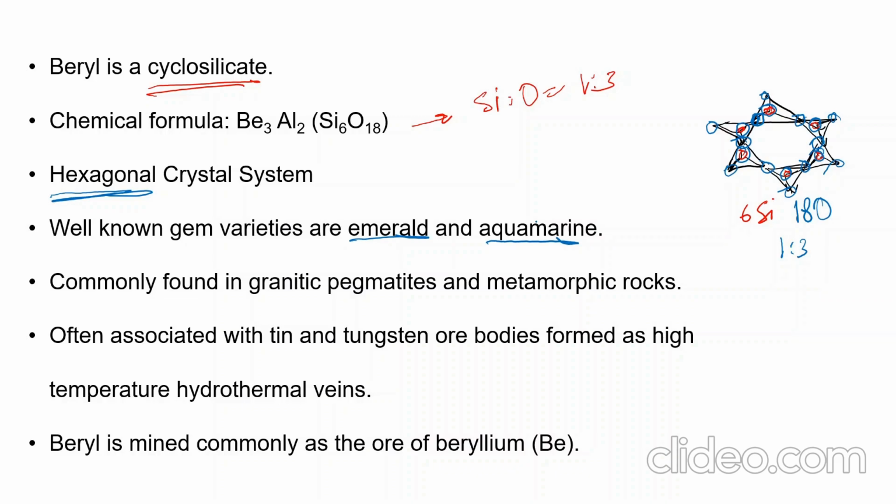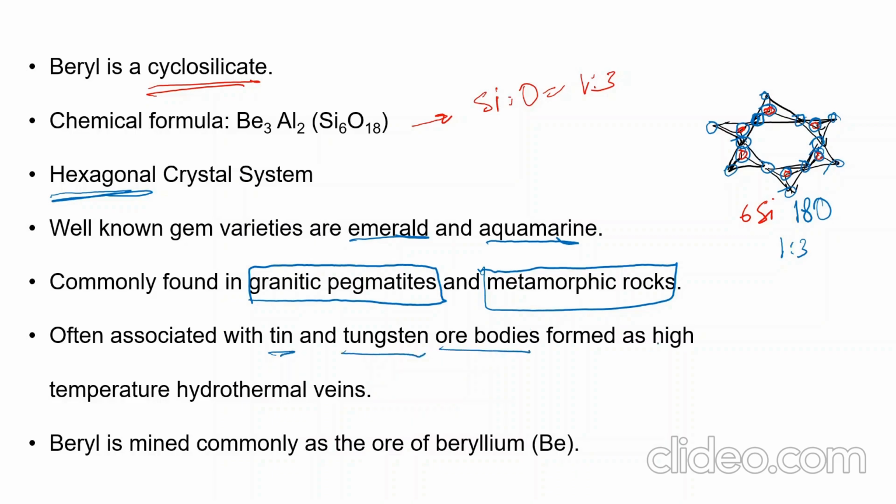So these are two commonly used gem varieties. Now beryl occurs in granitic pegmatites, very coarse grained rocks. Apart from that, in many metamorphic rocks it is found, and it is often associated with tin and tungsten ore bodies, which are formed as high temperature hydrothermal veins.